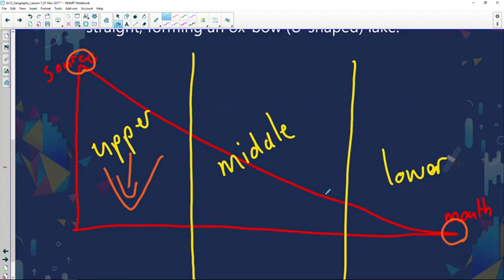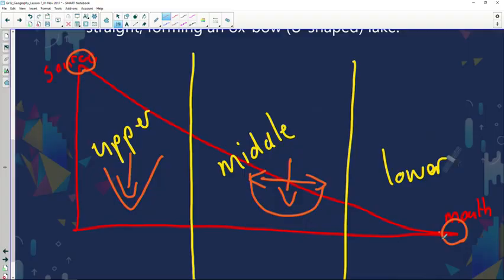In the middle course, the riverbed is a bit wider, because we experience downward erosion and we experience lateral erosion. And in the lower course, no erosion is taking place. Floodplains develop and the river starts to meander because of the volume of water and the gentle gradient. And the riverbed is an open U-shape.